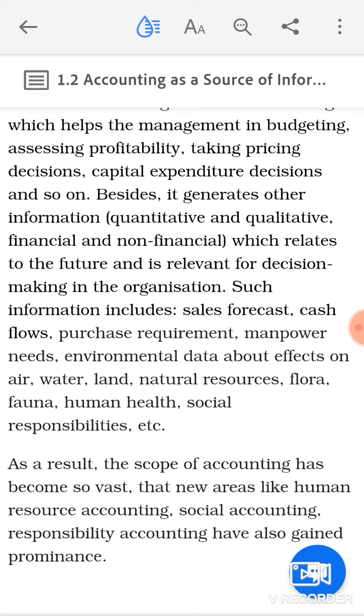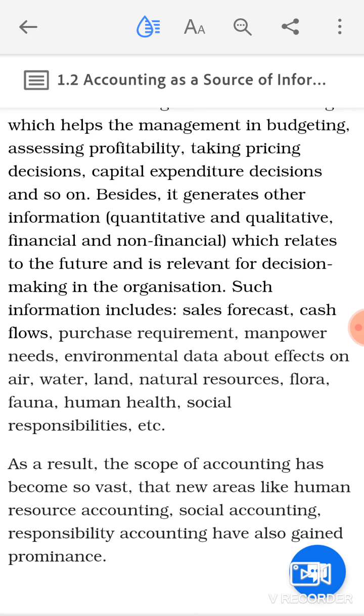Now, when you talk about human resource accounting, as we have already said, under human resource accounting, how many individuals are required, clear, how much salary you are going to pay to them, what working conditions you are going to provide to them. So all that will be considered under human resource accounting. Social accounting, here we are going to look into the impact of your business on society, clear.